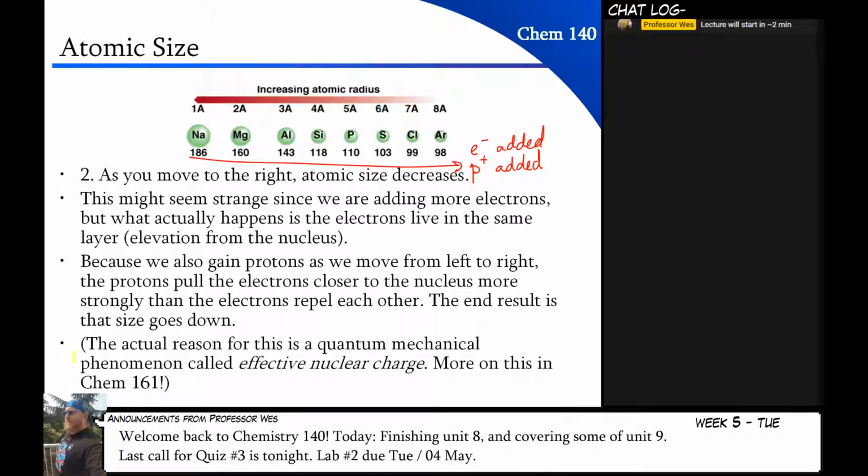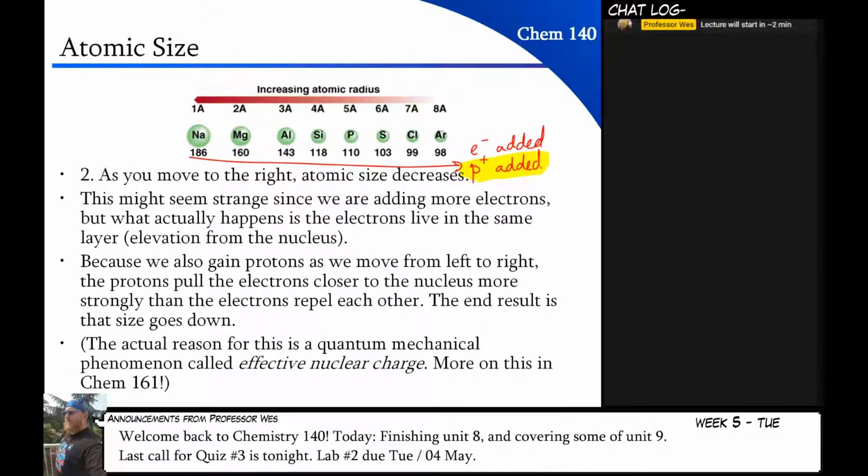And you're adding them in such a way that the electrons are roughly the same distance from the nucleus, but the protons you are adding pull harder than the extra electrons added repel each other. And so the result is that the protons end up winning this sort of tug of war, and the atoms get smaller as you go left to right.